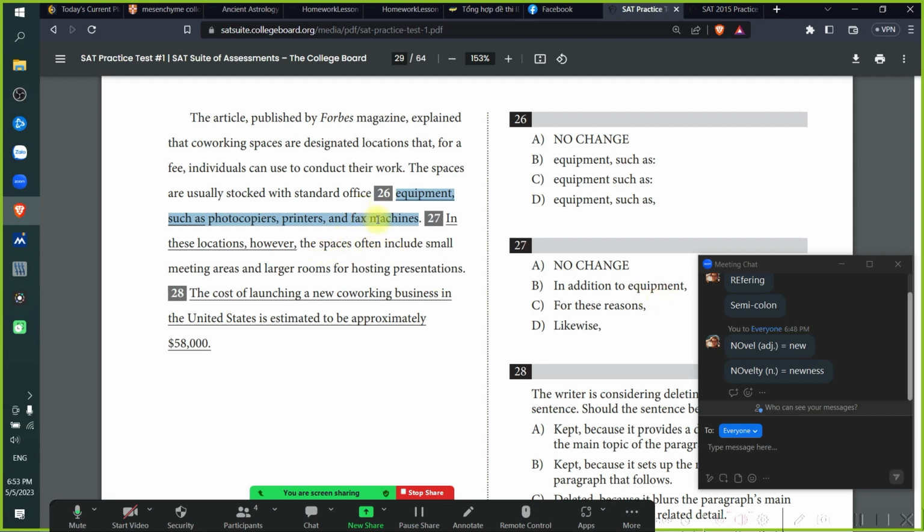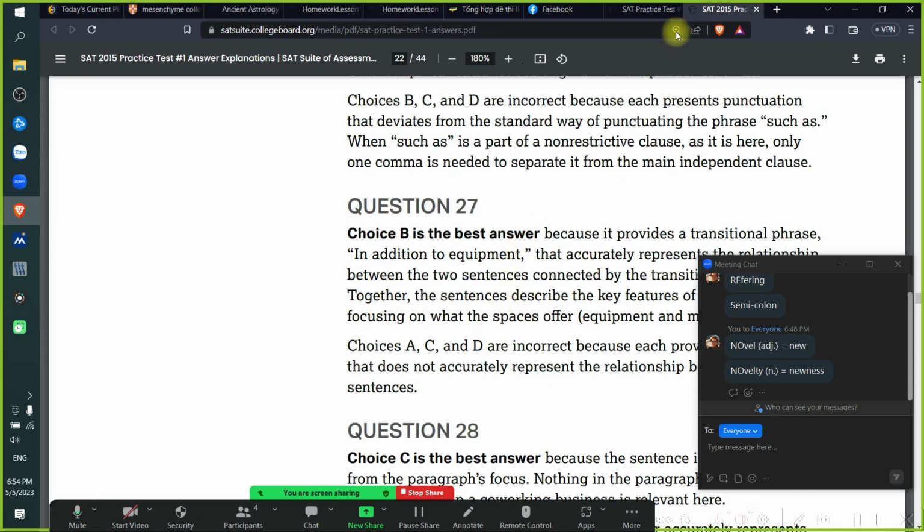Để mà nhắc lại những cái thiết bị mà được nêu ở câu 26 nè, thì 27 nó phải là in addition to equipment. Ngoài những thiết bị đó, nghe mới hợp lý. Tại sao lại trong những vị trí đó, nó nghe rất là vô lý. It sounds nonsense if you talk about this location. What location? Because before that, you were talking about equipment only, isn't it? So, 27, it's B. Very good.